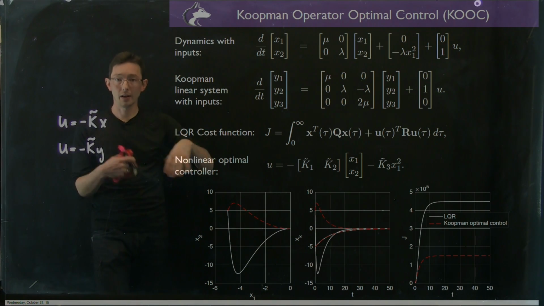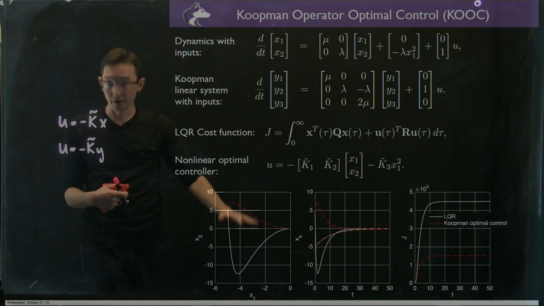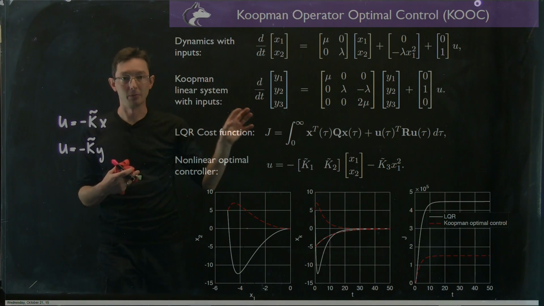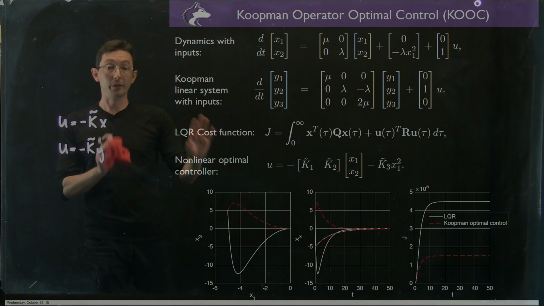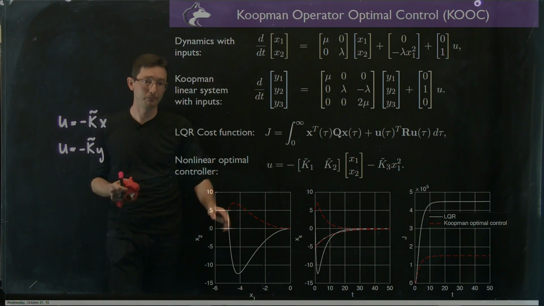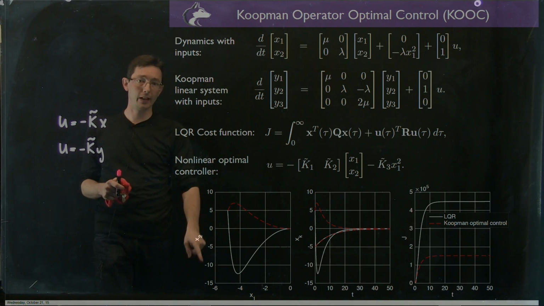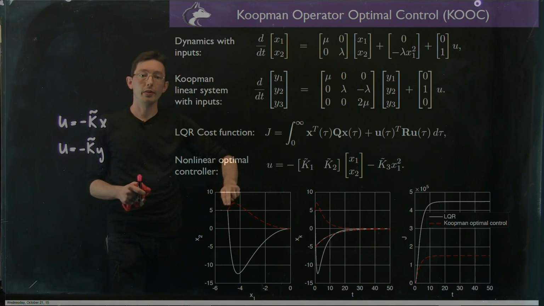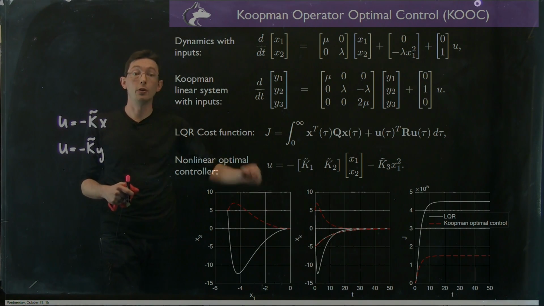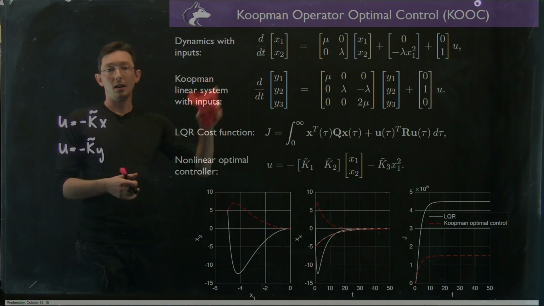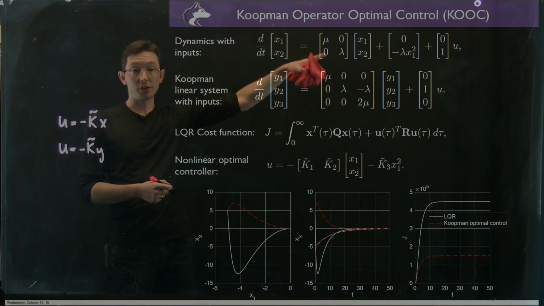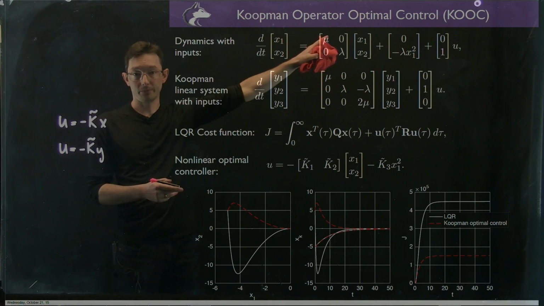And in another video, we're going to go through the code for this, and you'll see how we actually develop this in MATLAB and go through the entire solution. But for here, I'm just going to show you the results. So here we see the phase portrait of x2 versus x1. The red dashed curve is my Koopman optimal controller, whereas the white curve is the LQR controller just on the naive linearization.